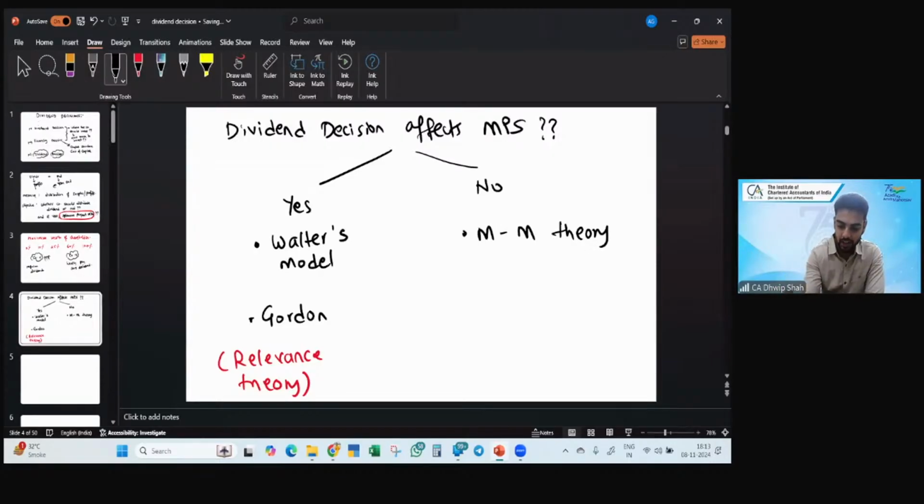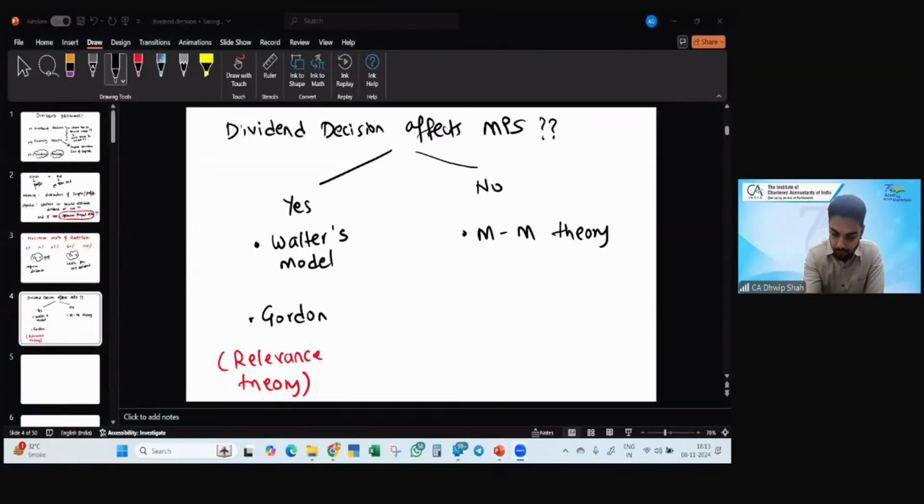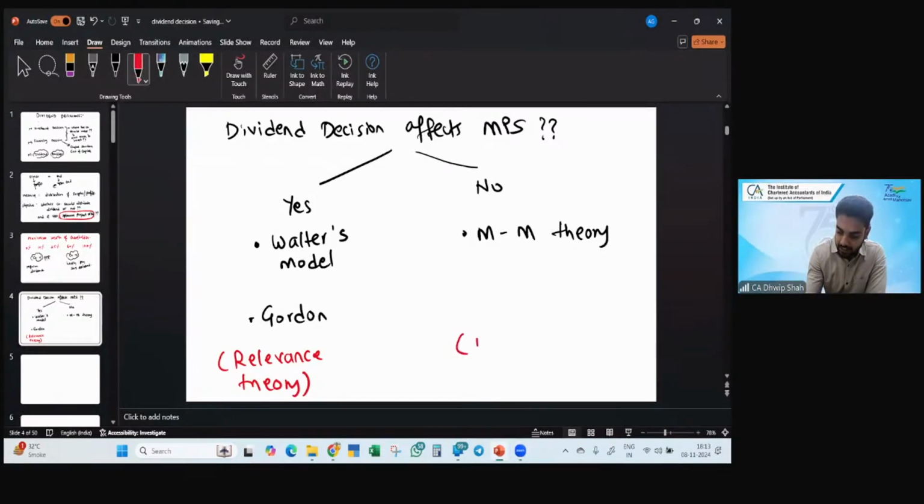Are you getting this? Are you getting the flow of the chapter? So MM says that dividend decisions are irrelevant for market value or for determining the market price of the company. So as far as this chapter is concerned, we have to learn the theory given by Walter, the theory given by Gordon, and the theory given by MM.